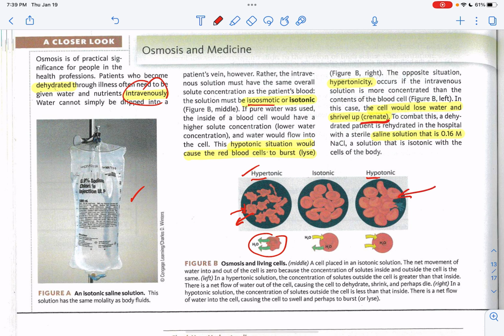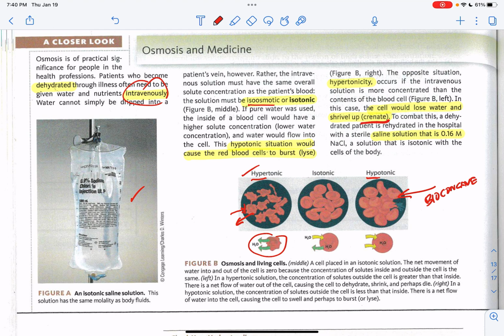These look like red blood cells because they're biconcave discs, and that shape is typical of red blood cells. It is a way of maximizing the surface area of the red blood cell for the sake of gas exchange and delivery of oxygen.